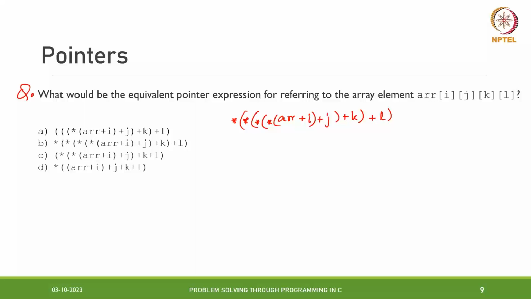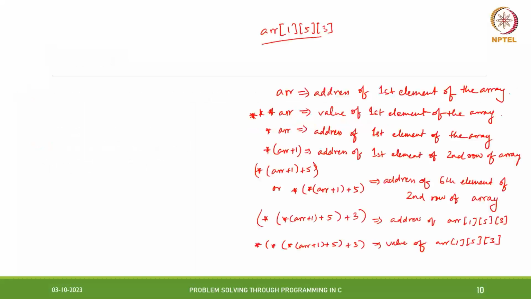Basically we are breaking down each of the steps. So it's ARR plus I, the first dimension, then the second dimension J, go K units in the third dimension, go L units in the fourth dimension, and finally give us the value. So the equivalent pointer expression is option B. Now I have already written down what each of these steps will do.